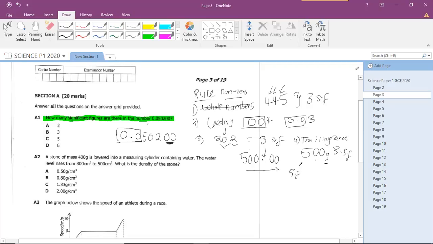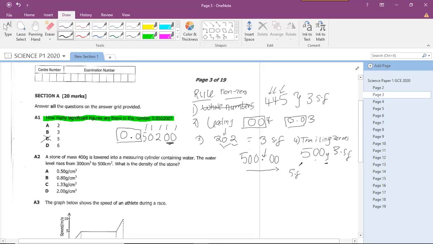Therefore, this number has got one, two, three, four, five significant figures. So our answer to this question is option C, which states five significant figures. We said put a cross on the correct answer. Let me not circle, because you might end up circling the answer in the exam also. So that's our answer there.